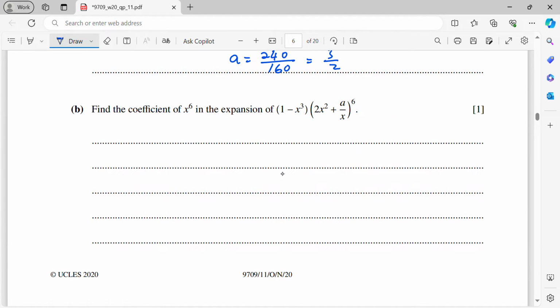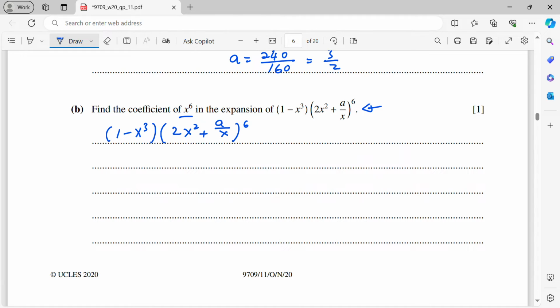Okay, now part B, find the coefficient for x degree 6 for this expansion. Alright, so now since we have found the a, the a is 3 over 2. So I will get 1 minus x cubed times 2x squared plus a over x to the power 6.